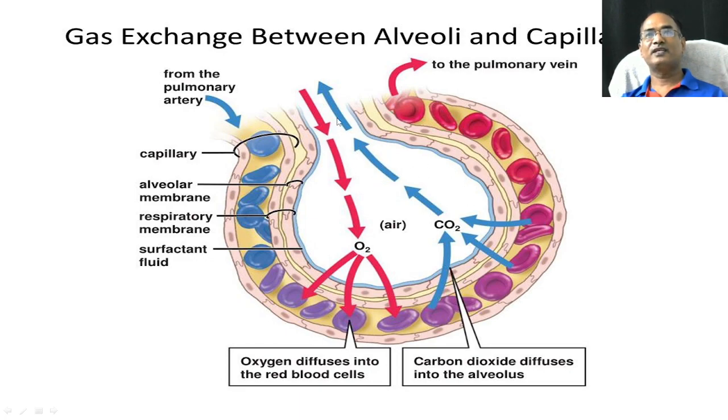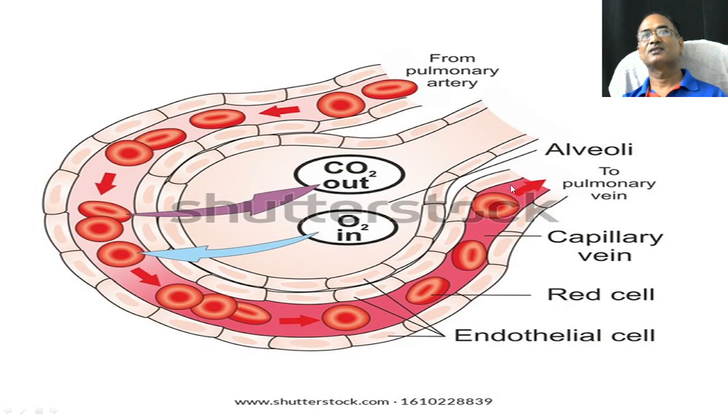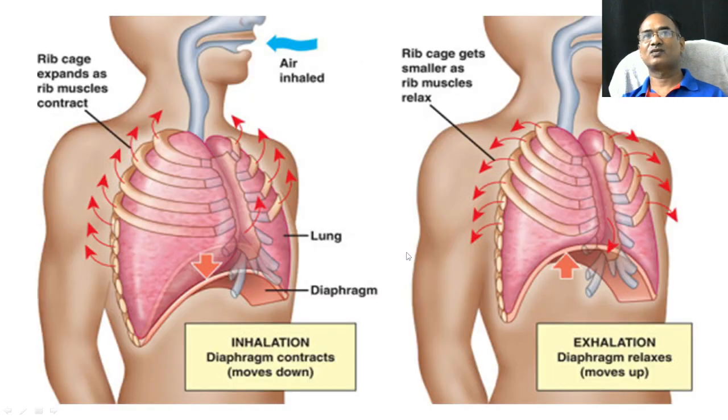One way, from the alveoli it will supply oxygen-rich content to the pulmonary circuit. The other way, the carbon dioxide will transfer to the alveolus, and finally it will be taken away from your body by exhalation. This is gas exchange between alveoli and capillaries. See, this is another picture of how carbon dioxide and oxygen are exchanged during the ventilatory process.